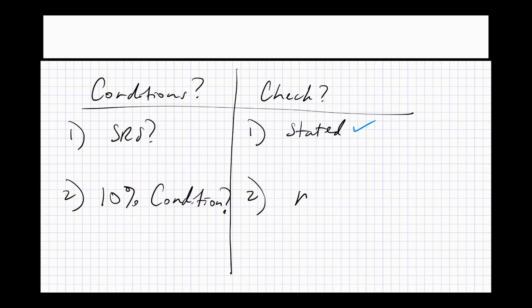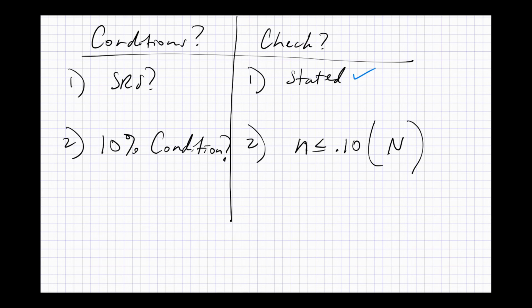So n is less than or equal to 10% of big N. So n in this case is 10, less than or equal to 10% of big N.